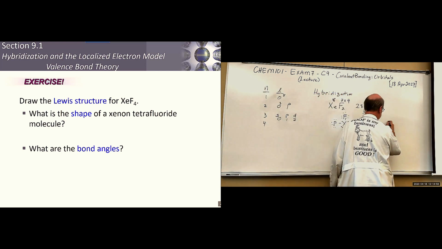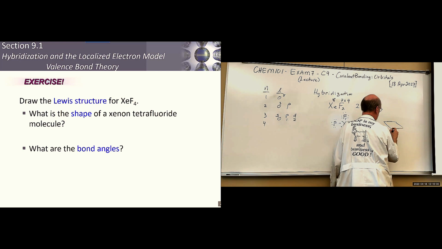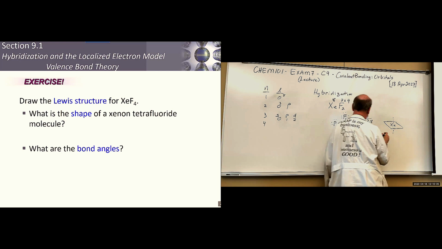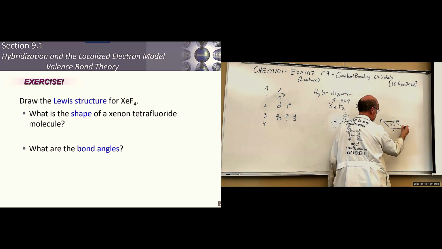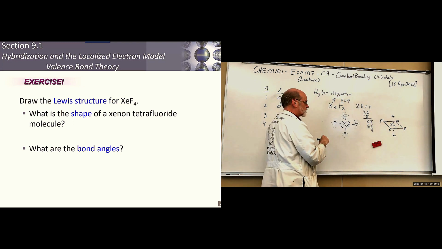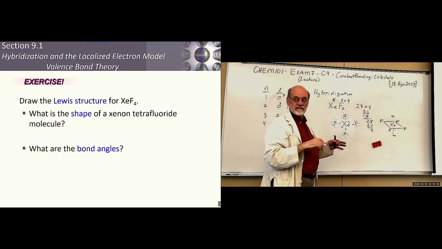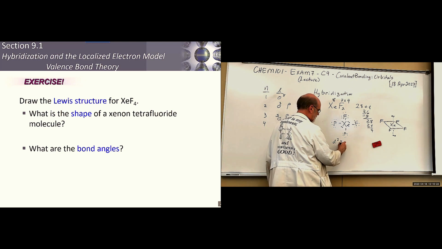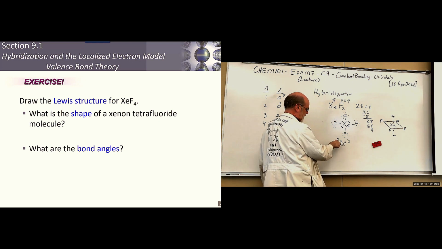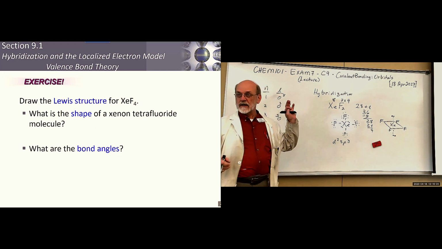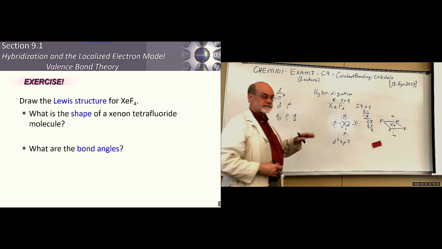So we have xenon in the middle, and we put the fluorines on the square, and the lone pairs go up here. So the electronic structure is octahedral, which means we need 6 hybrid orbitals. So we're going to use 2 Ds this time. So that's 3, 4, 5, 6. That would be the hybridization for octahedral electronic structure.